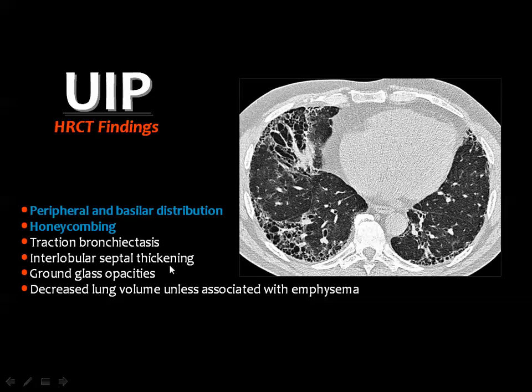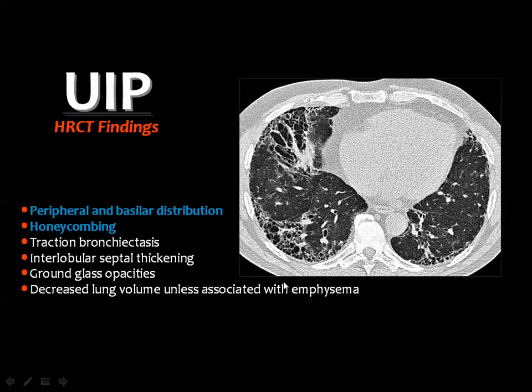Interstitial septal thickening, interstitial opacities everywhere, and ground glass opacities, which are present in almost any diffuse lung disease. But we have a specific differential diagnosis for ground glass opacities if they are present alone in the lung.